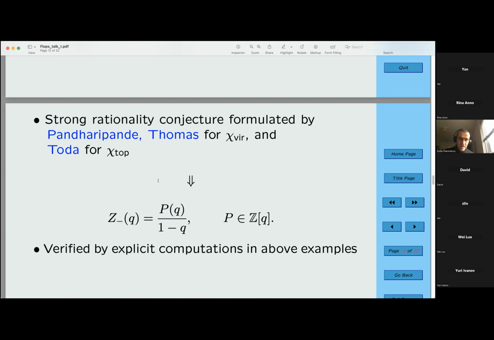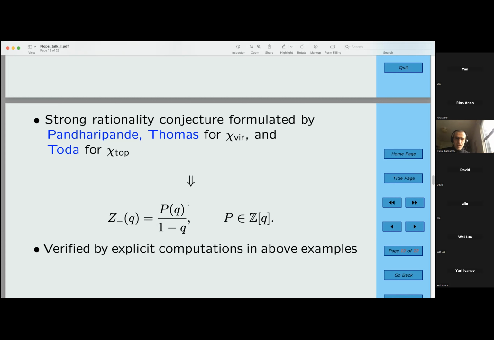In the plane curve case, it turns out that it's a natural filtration, because you just take a generic one-parameter family of deformations, and that provides a perverse filtration on the homology of the Jacobian.